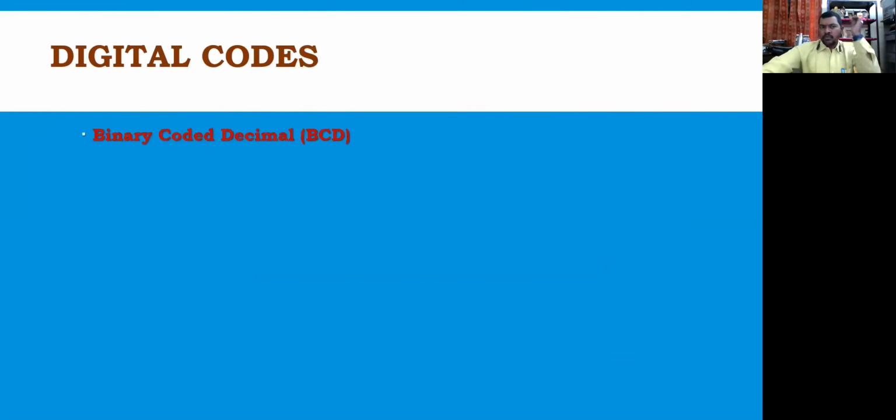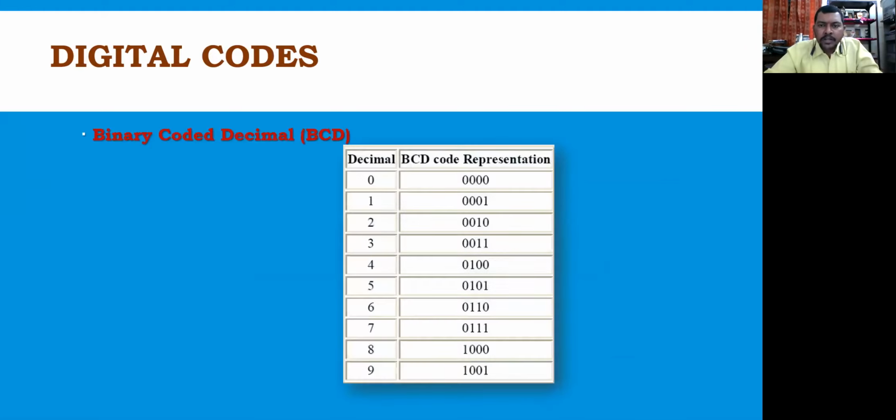And digital codes. We have the binary coded decimal 8421 code, which I told you covers 0 to 9, the only 10 decimal symbols, with the BCD representation of these numbers in 4 bits.